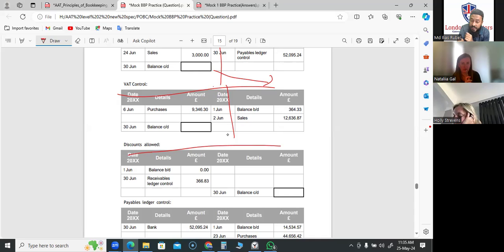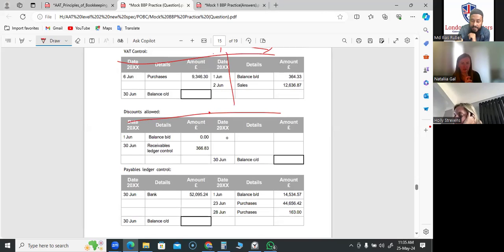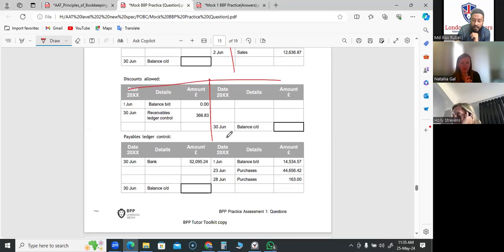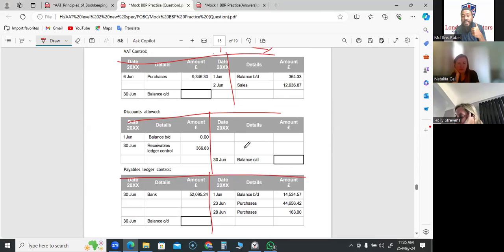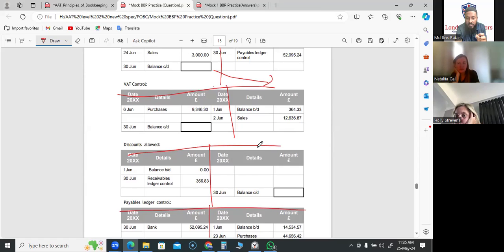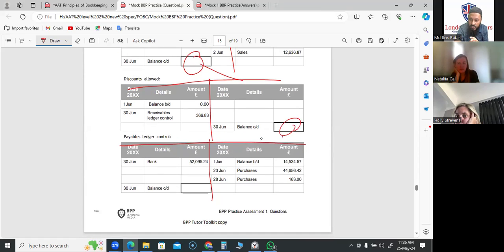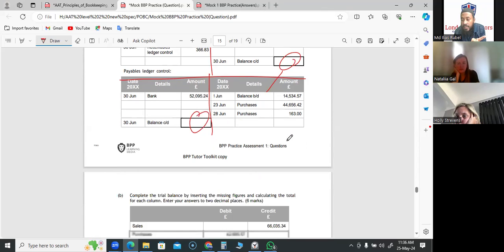Discount allowed is a debit account. And payables ledger is a credit account. And that's it. Hold on. Now, do you know, in this video, today's topic, somewhere I told you, from the ledger accounts, these balances, where do you transfer them? These ledger balances, you transfer them to the TB, trial balance.